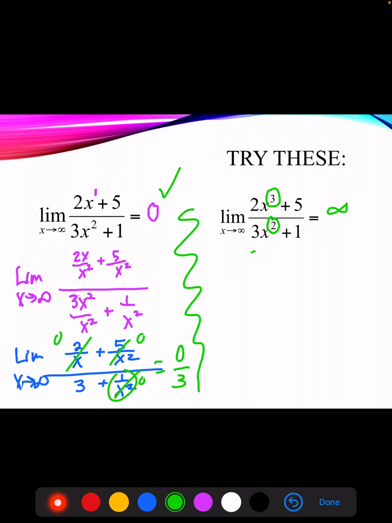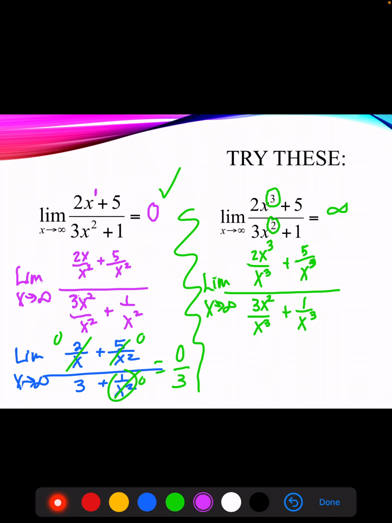So let's divide by the highest power of x. 2x cubed over x cubed plus 5 over x cubed, all over 3x squared over x cubed plus 1 over x cubed. And I'm still doing the limit as x approaches infinity.